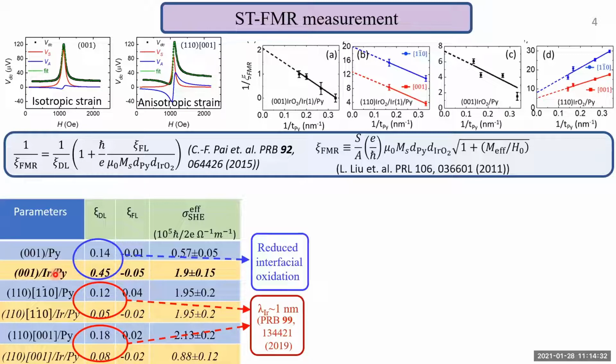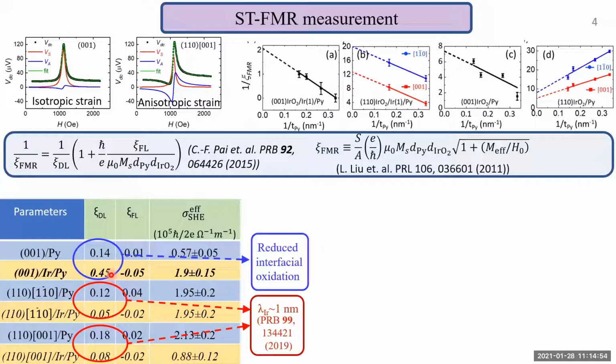The moment we have the iridium spacer, at least the interface is good and the magnet is not oxidized, so we can probe the bulk spin Hall effect. Remember, even for this we have significant spin loss through iridium. That means the bulk spin Hall angle of iridium is even more than that.